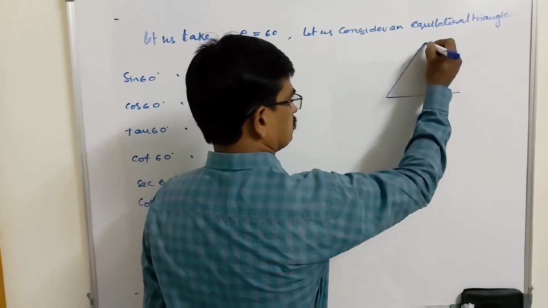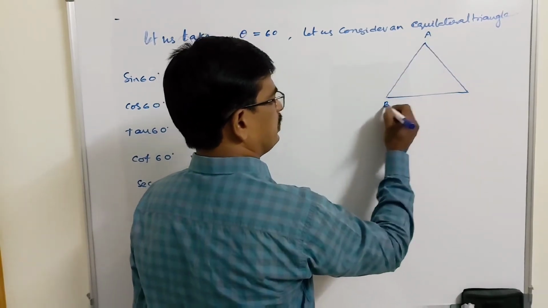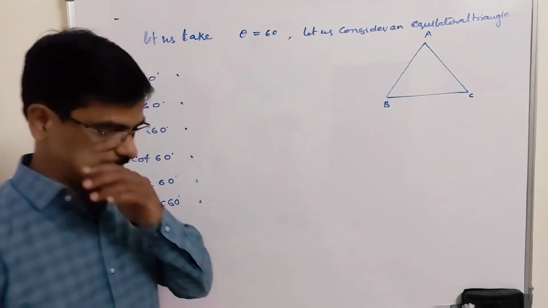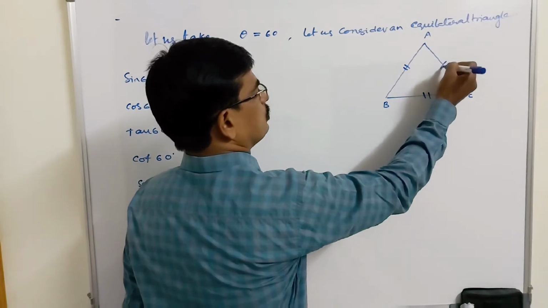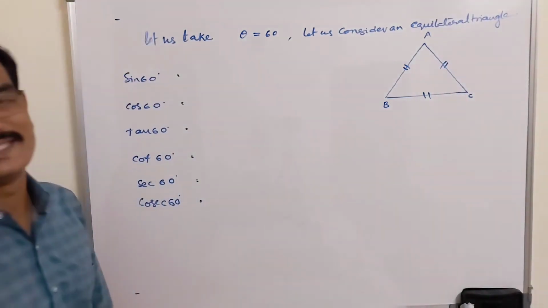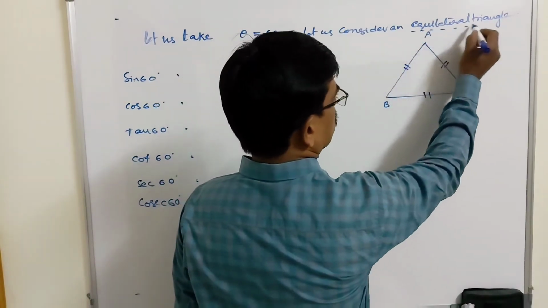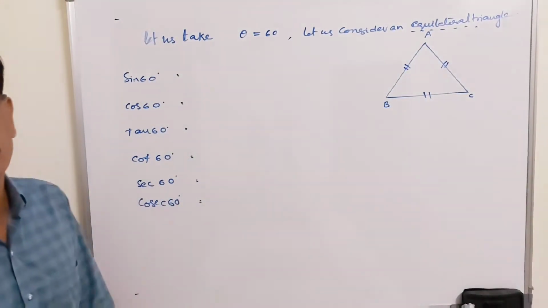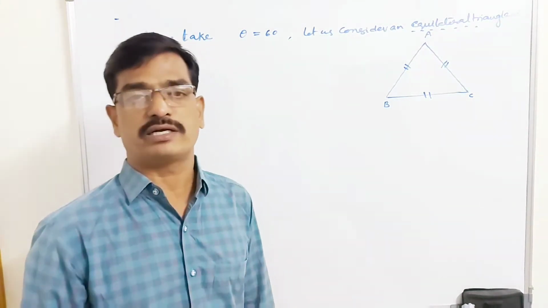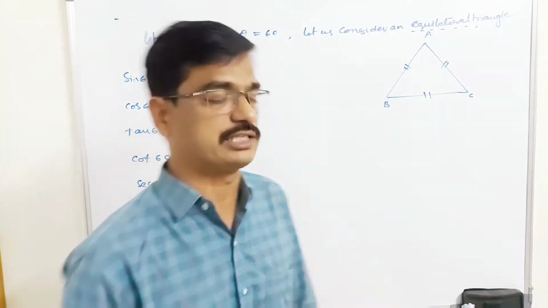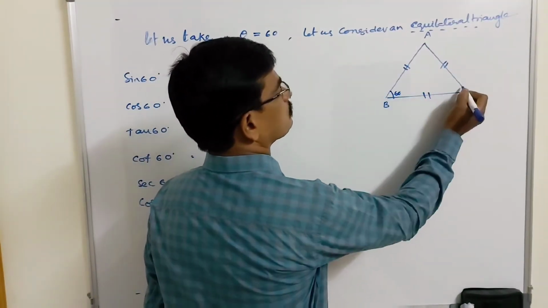We know that in triangle ABC, AB is equal to BC is equal to CA, because we have taken an equilateral triangle. ABC is an equilateral triangle, and we know that the angle at each vertex in an equilateral triangle is 60 degrees, right?